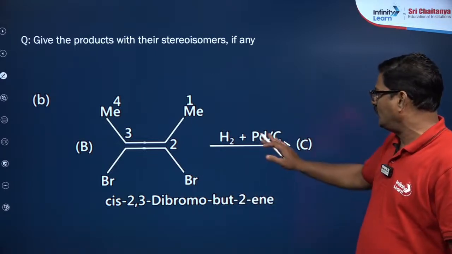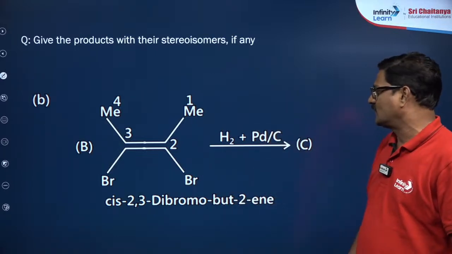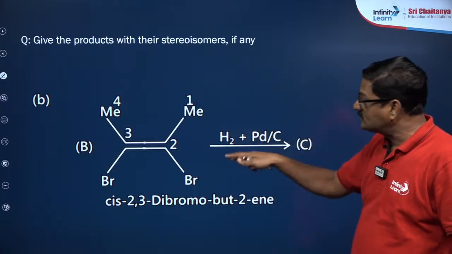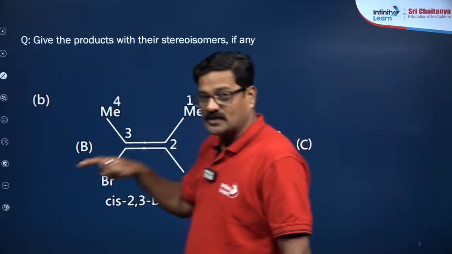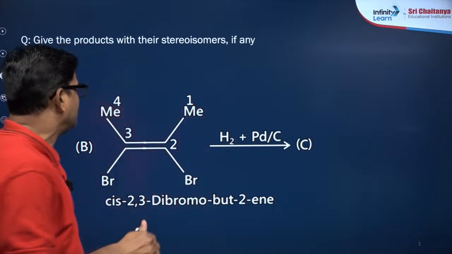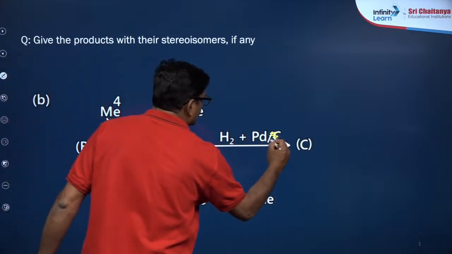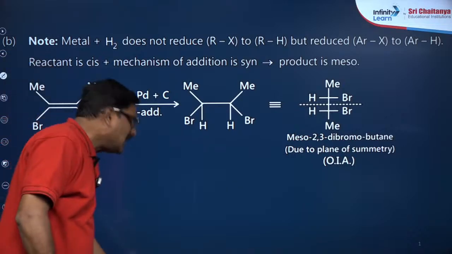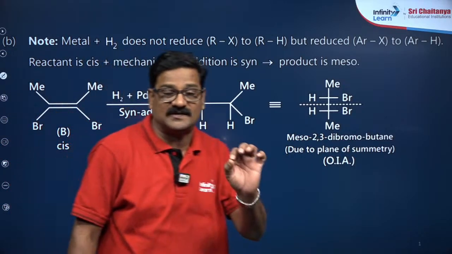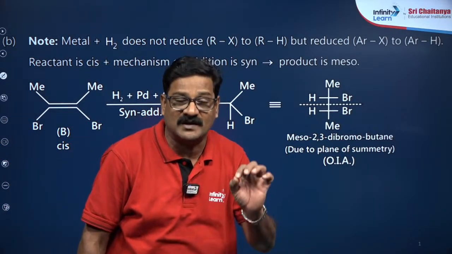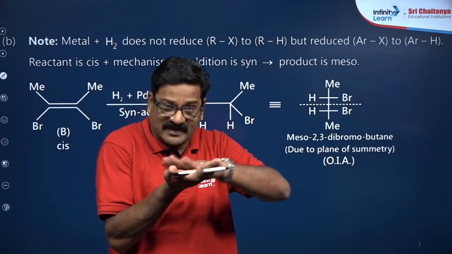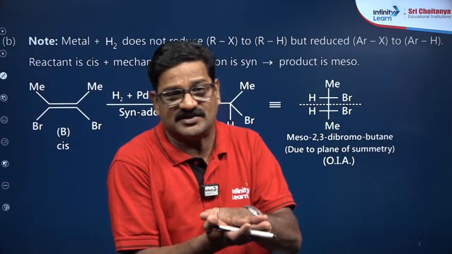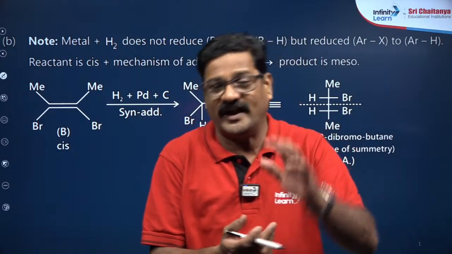So when cis-2,3-dibromo-but-2-ene is treated with H2/Pd, what are you going to get? So simply hydrogenation takes place at one side of the double bond. Okay, hydrogen in the presence of palladium. So actually hydrogenation is taking place by using a catalyst, a surface catalyst, so any surface catalyzed addition reaction is syn addition.